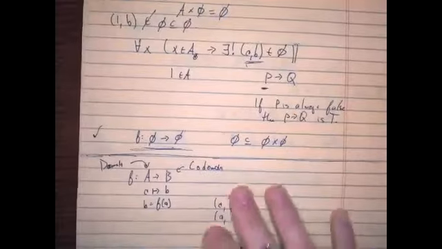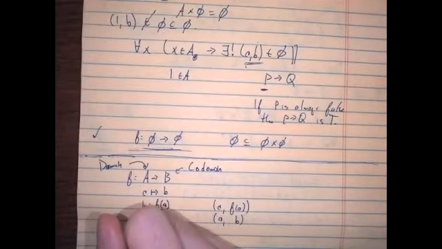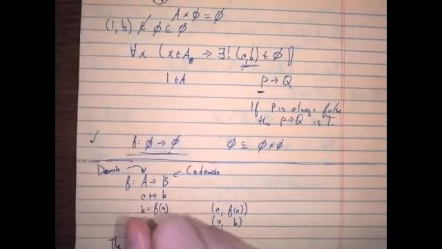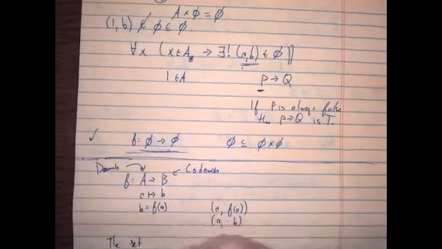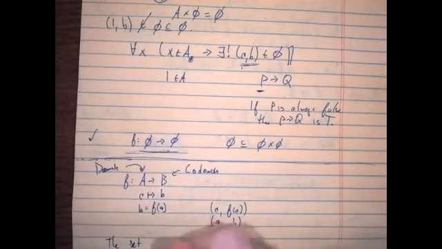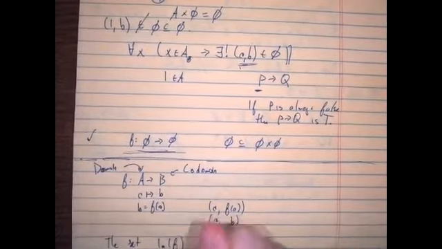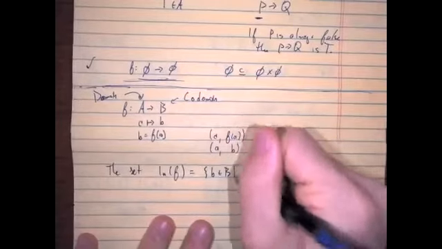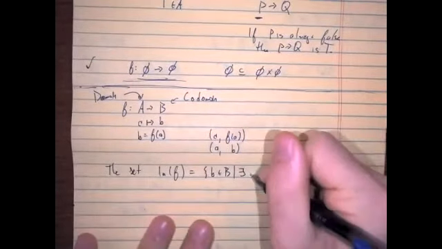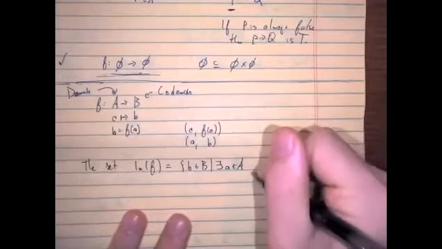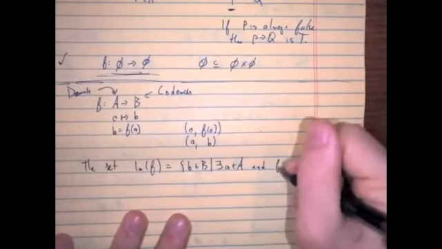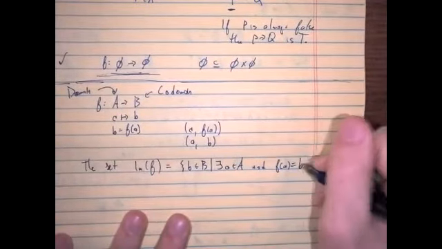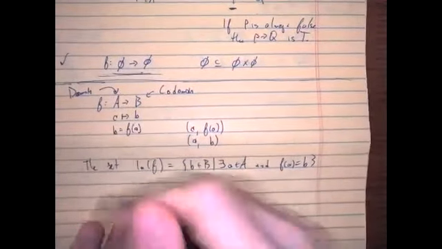And the collection, the set, well, the image of f, which I can write im f, the image of f, is equal to the collection of all b in B such that there exists an a in A and f of a is equal to b. This is also called the range.